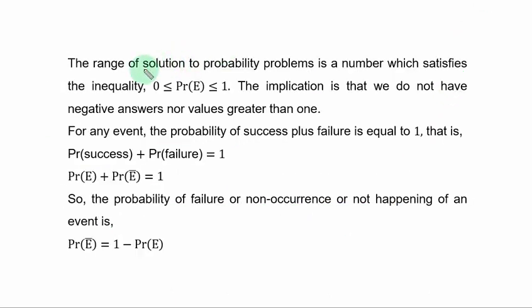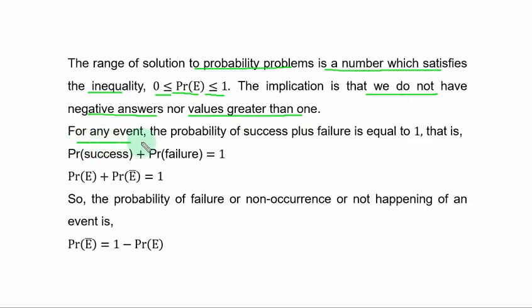The range of solutions to probability problems is a number which satisfies the inequality 0 ≤ P(E) ≤ 1. The implication is that we do not have negative answers, nor values greater than 1.